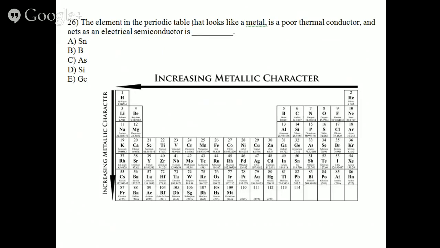26. The element in the periodic table that looks like a metal, is a poor thermal conductor, and acts as an electrical semiconductor. So it looks like a metal, so we have metallic properties. Poor thermal conductor is a nonmetallic property. Semiconductor is a cross between the two. So we're looking for a metalloid, something that has properties of both but is neither.